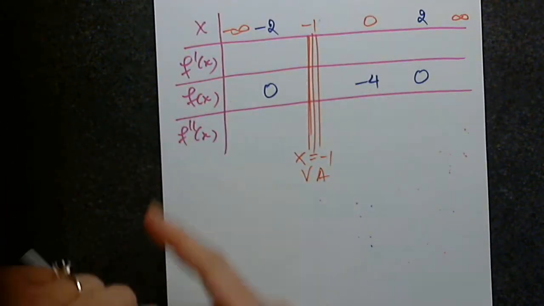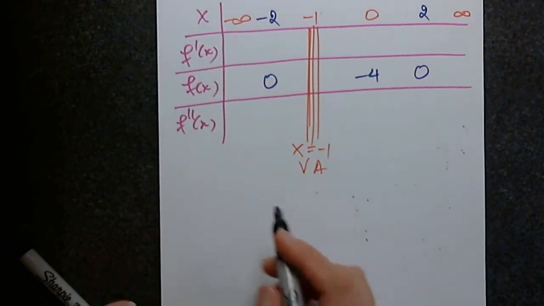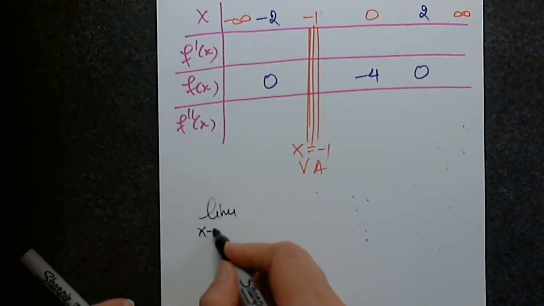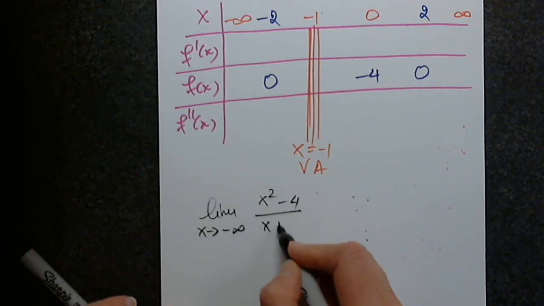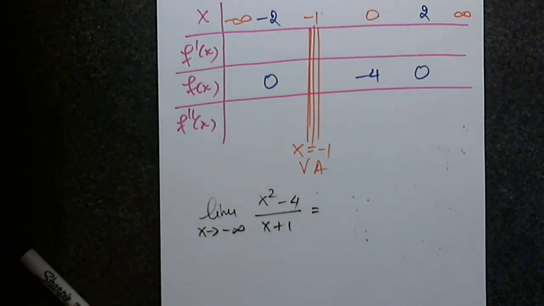Good. So let's start with the limit as x approaches negative infinity. Limit x approaches negative infinity from x squared minus 4 over x plus 1. Please plug it in and tell me the type of limit.